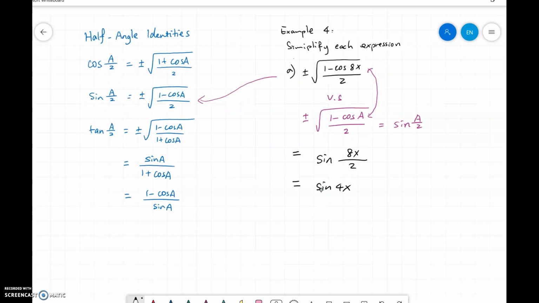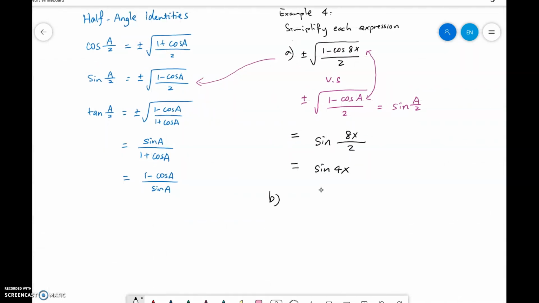Okay. The second one we have is plus or minus the square root of (1 minus cosine of 9 beta) over (1 plus cosine of 9 beta). Looking at the structure of the expression, it's very similar to the tangent one, where A is going to be 9 beta.